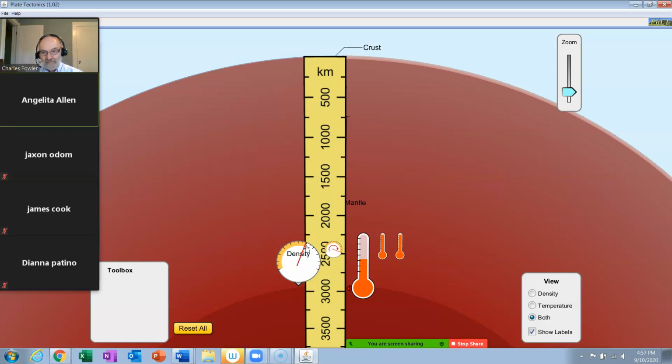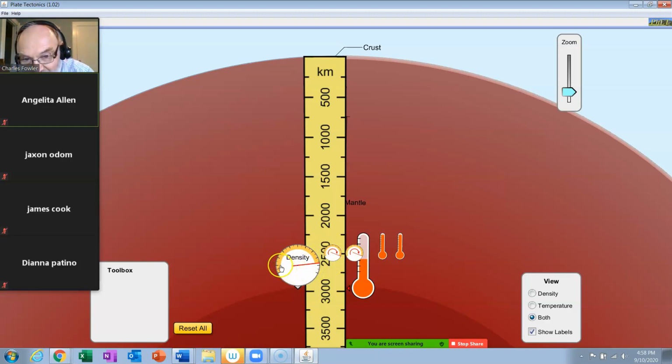Move the density meter to the upper portion of the outer core and record the density there. Okay. Everybody got the previous one? Now watch this move. Move it just a little way. Whoa, look at that. Now we went up to 20 and it went all the way over here.